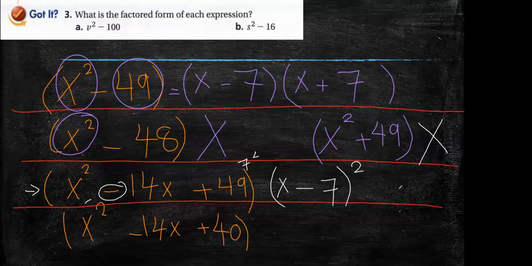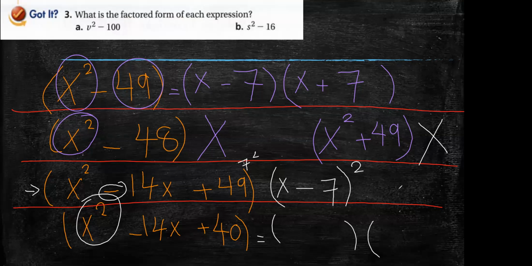Now, look at the last one here. Look at the first term. Is it a perfect square? Yes. The last term? No, it is not. So I will look at the factors of 40 that, if I multiply them, I get 40, and if I add them, I get 14.